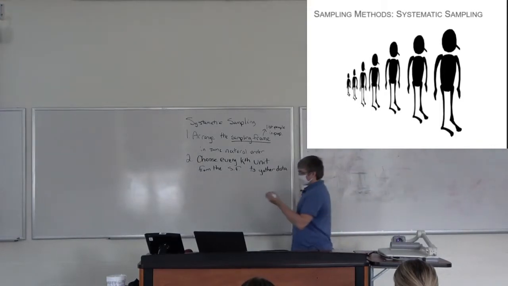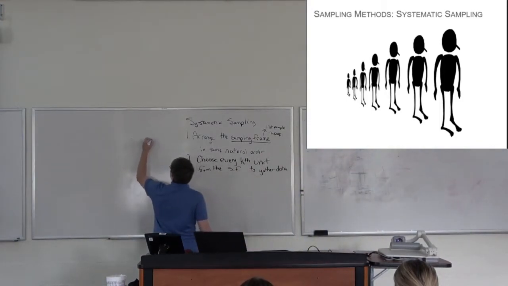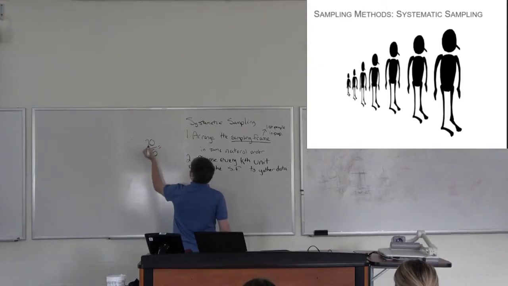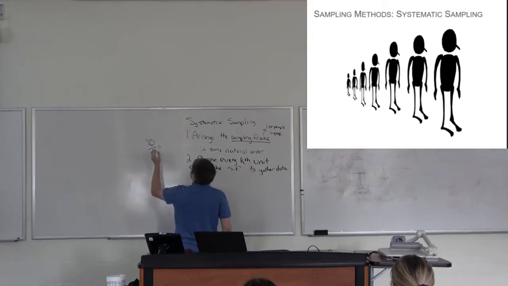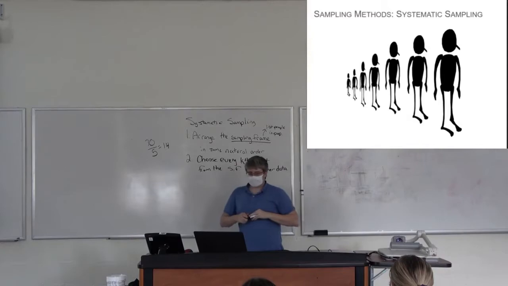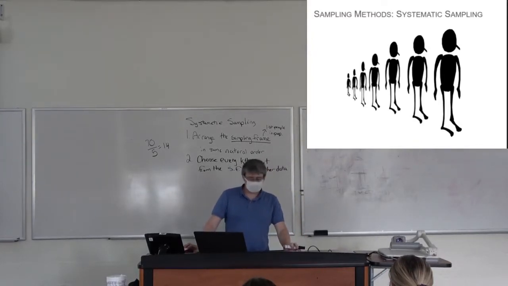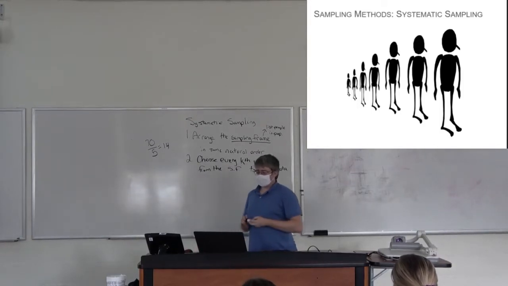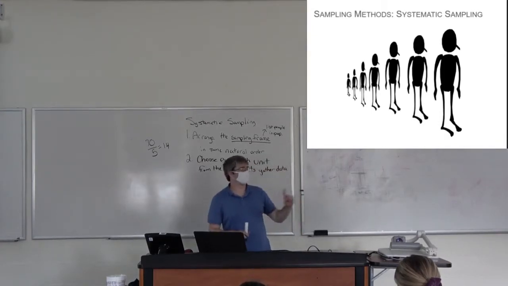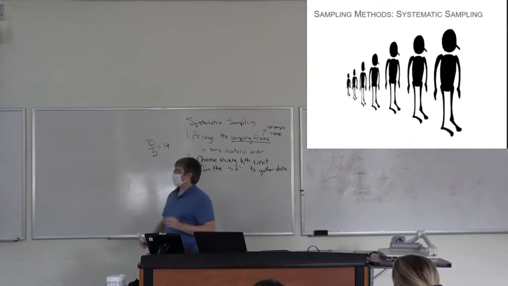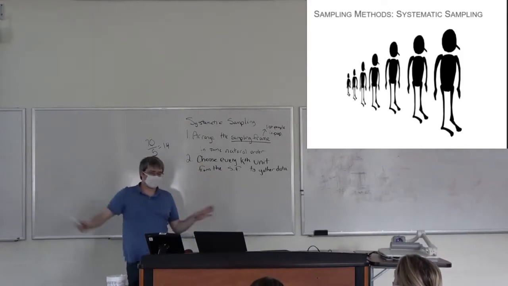That way, I would have 70 over 5 people, which is 14 people. So kth could be every 10th, every 25th, every 112th, and so on. But you want to make sure your value of k allows you to get through the sampling frame only once. So what I wouldn't do is go through 5 and then start at this end again. I wouldn't want to do that.